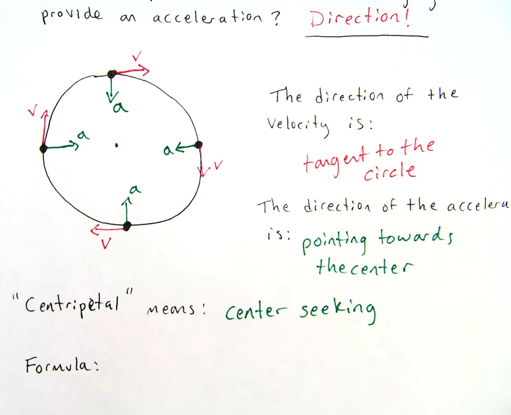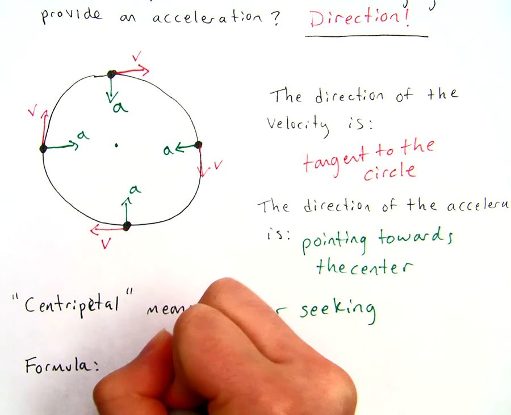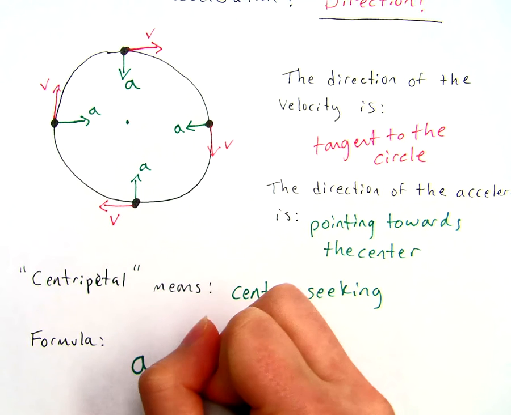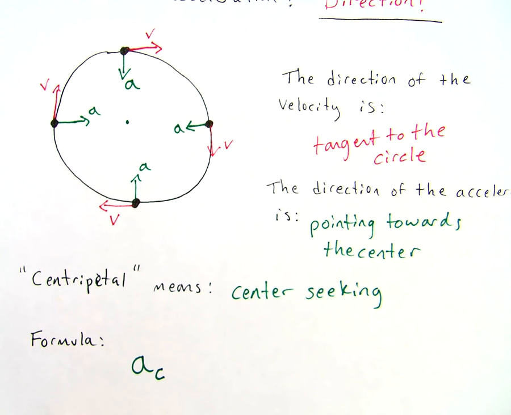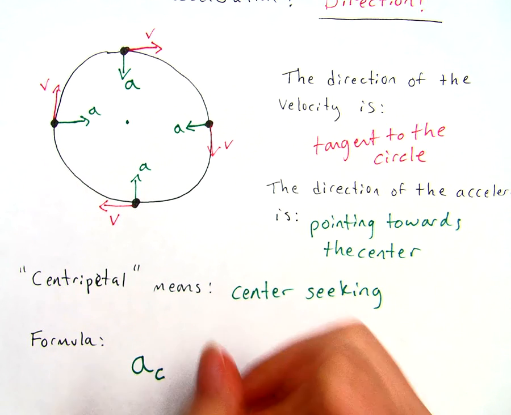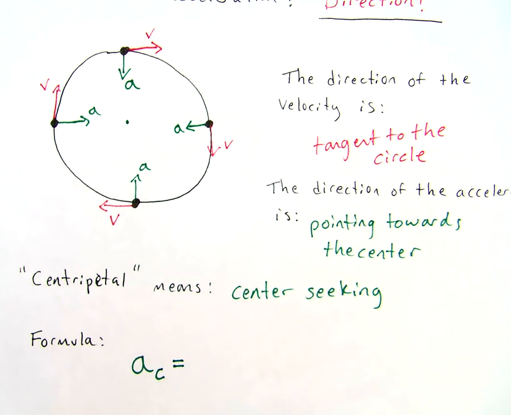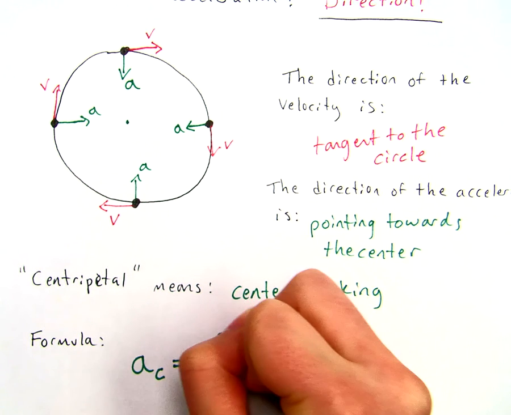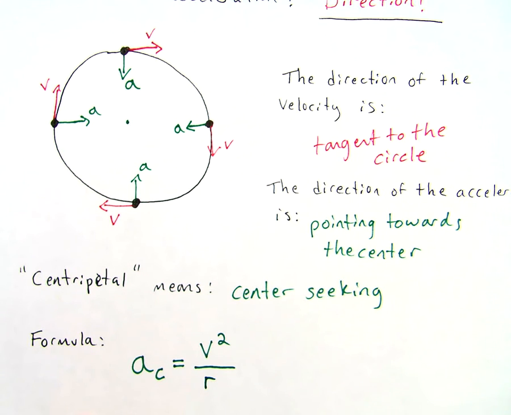We can write this as a neat little formula. To designate that this is centripetal acceleration, we put a little subscript C next to the A. That tells all of your readers of your problems that you're looking for your centripetal acceleration. Now, our centripetal acceleration is going to be equal to v squared over r.